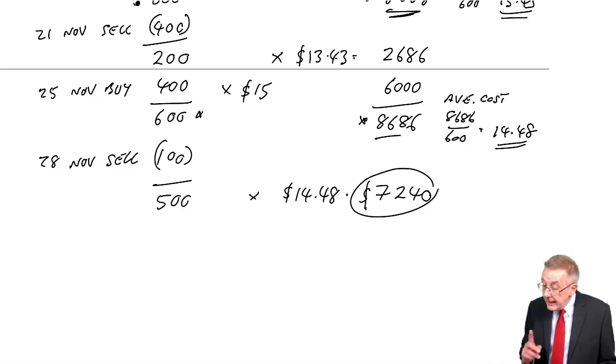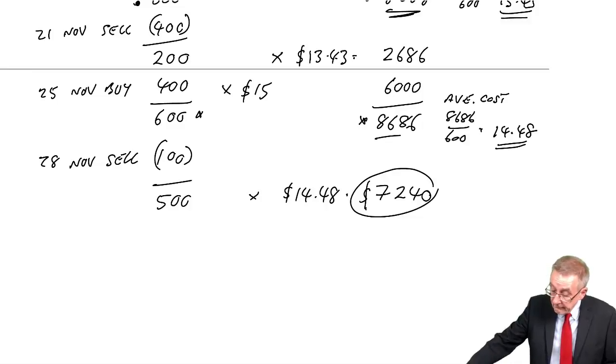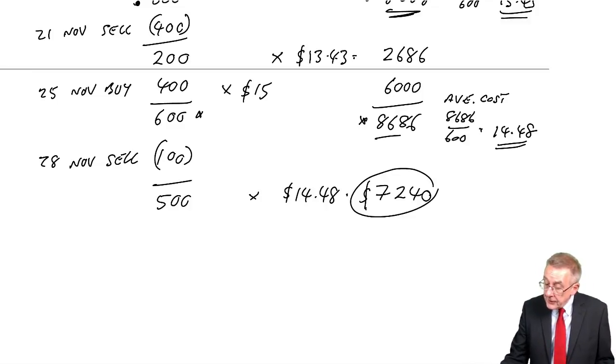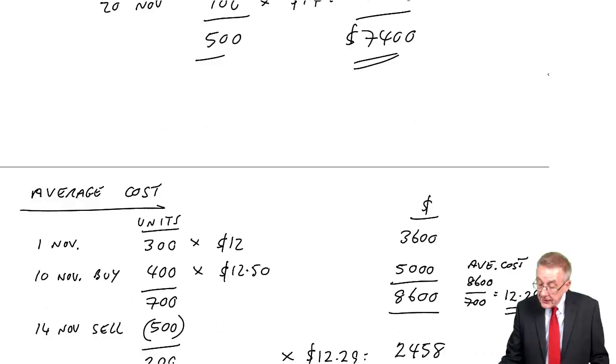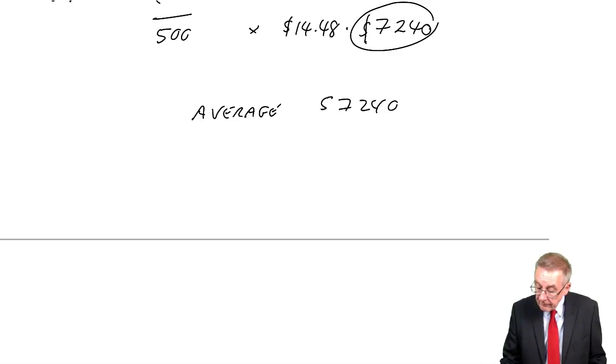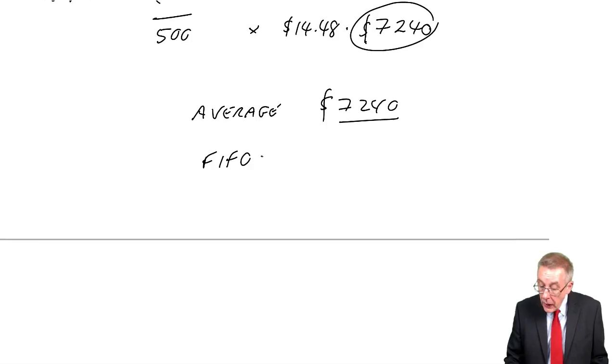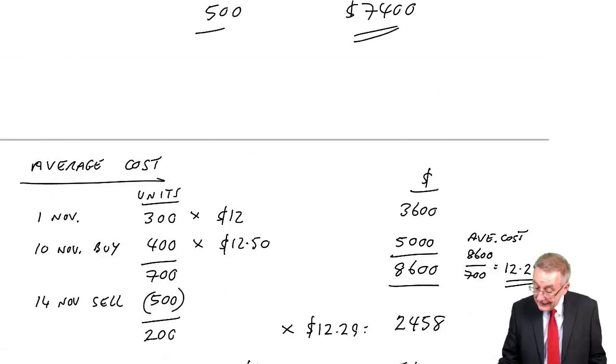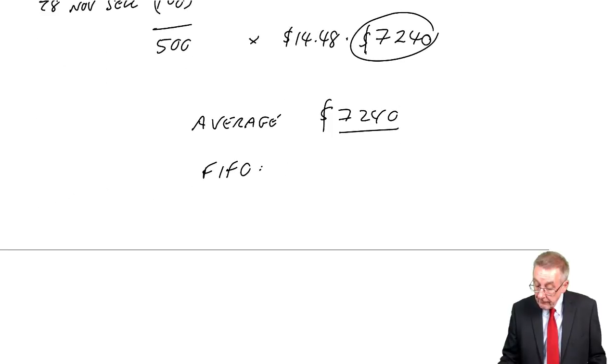A couple of things where I'll leave this. One is that the two methods clearly do give different answers. Using average cost was 7,240, whereas using FIFO, the value, I just looked and I forgot already, 7,400.